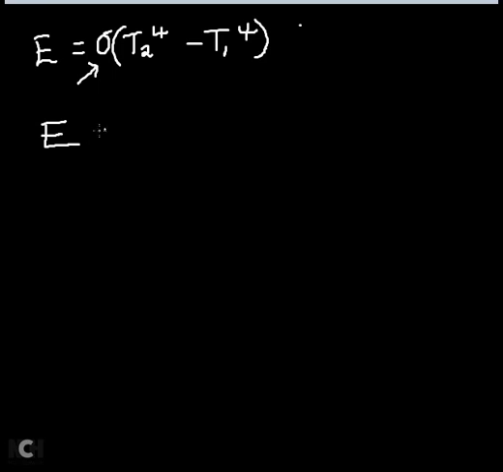So I will end up having another constant, epsilon 0, multiplied by Stephan's constant, times T2 raised to the power of 4 minus T1 raised to the power of 4.